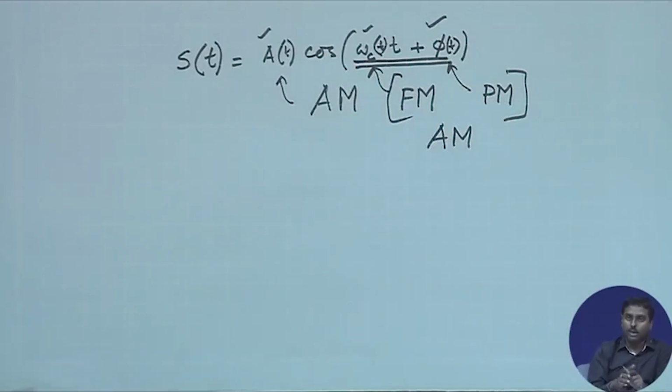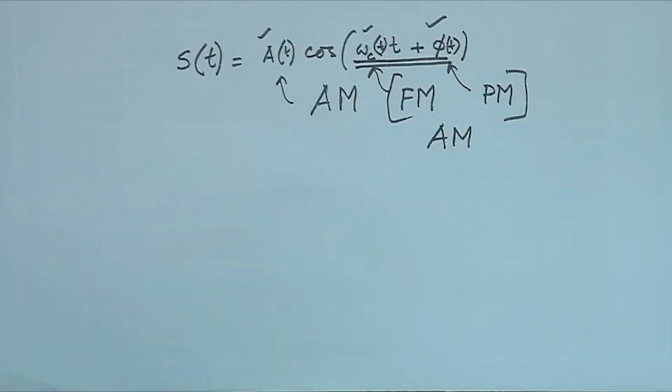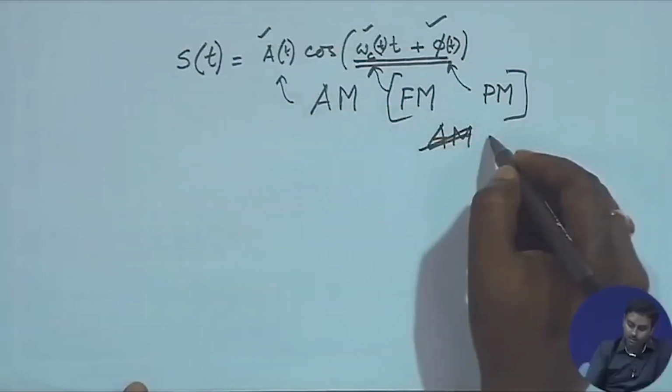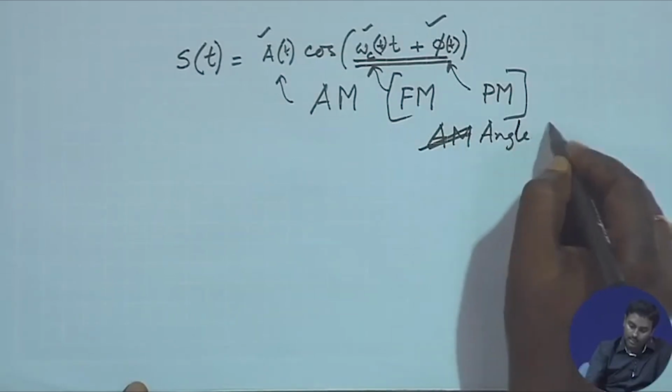It has a frequency part and a phase part. So overall, with the t in it, we can talk about the overall time varying phase or angle. That is why it is called angle modulation. I should not write AM, as it will be confused with amplitude modulation. So it is actually angle modulation.